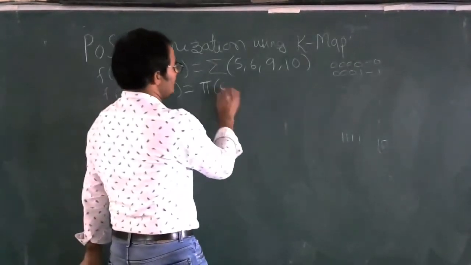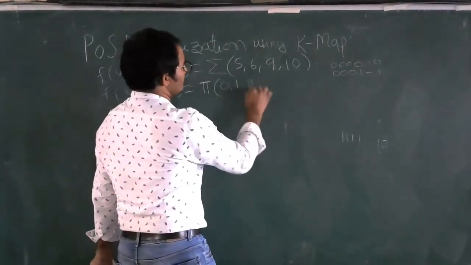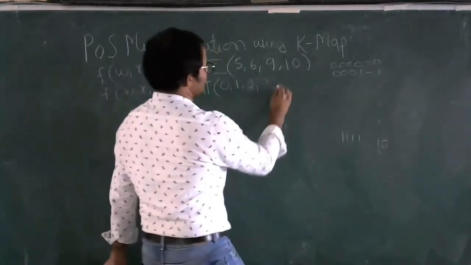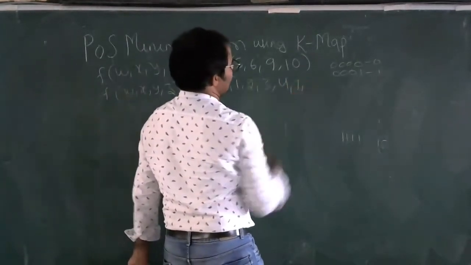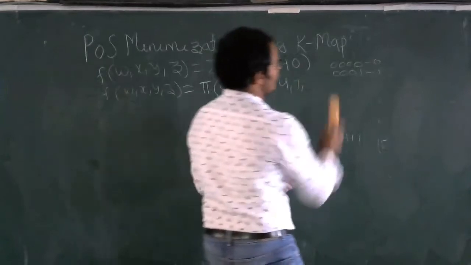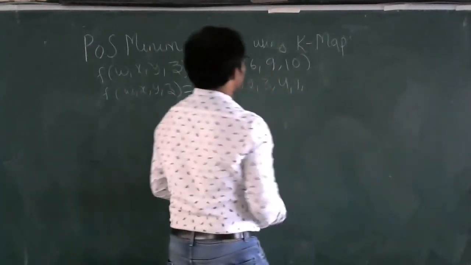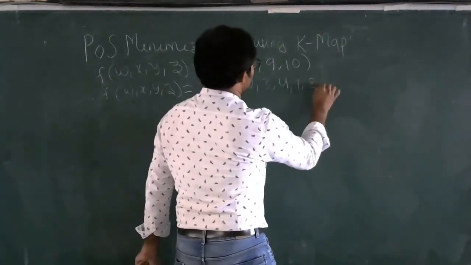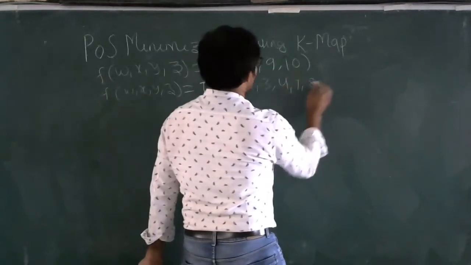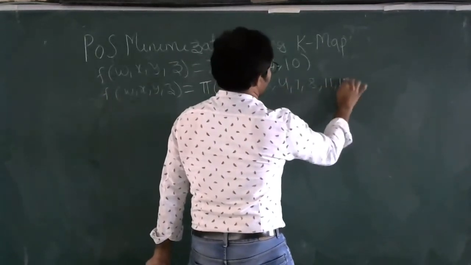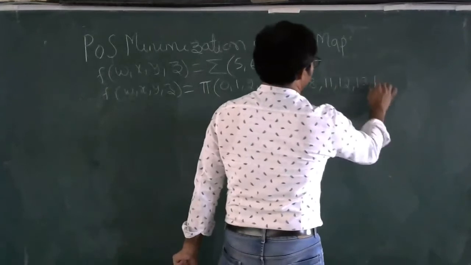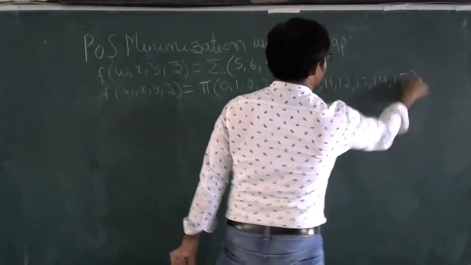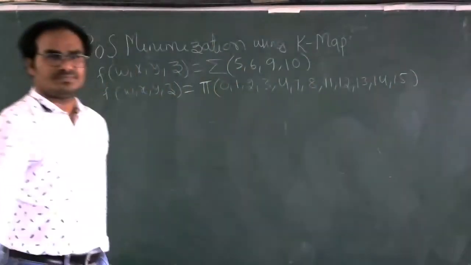So the minterms are 5, 6, 9, 10, and 0, 1, 2, 3, 4, 7, 8, 11, 12, 13, 14 and 15 are the maxterms.